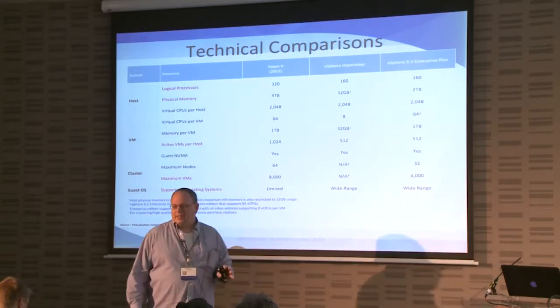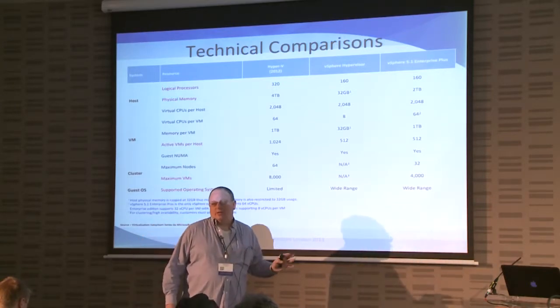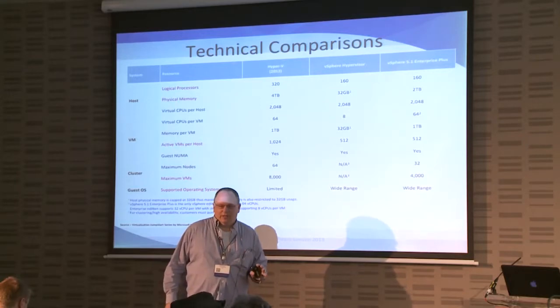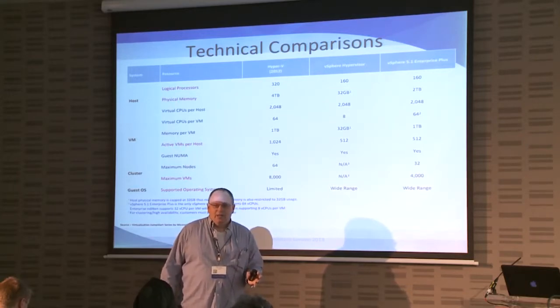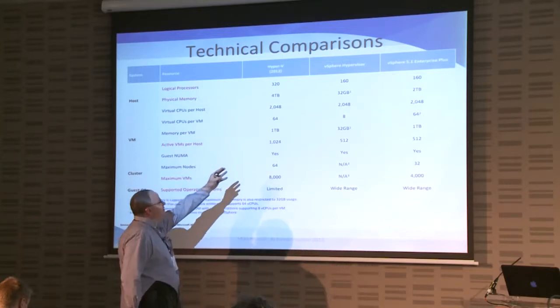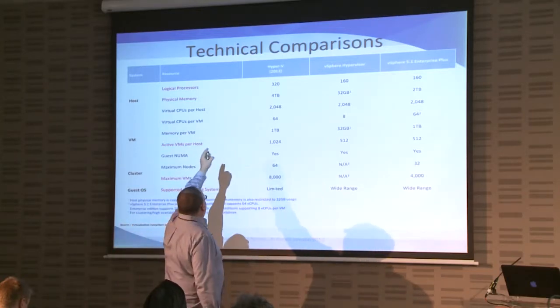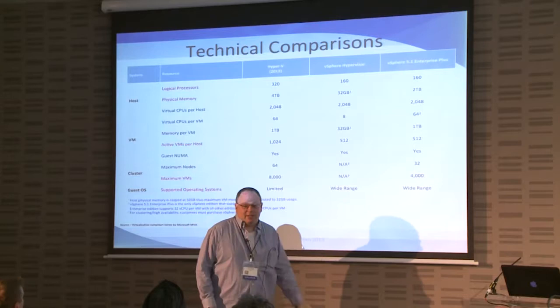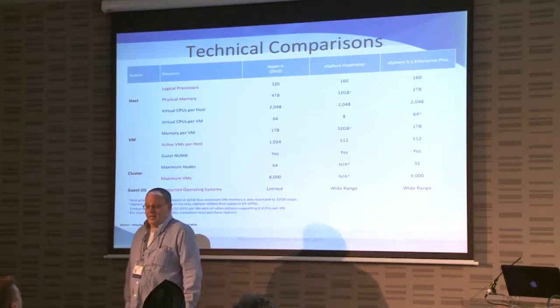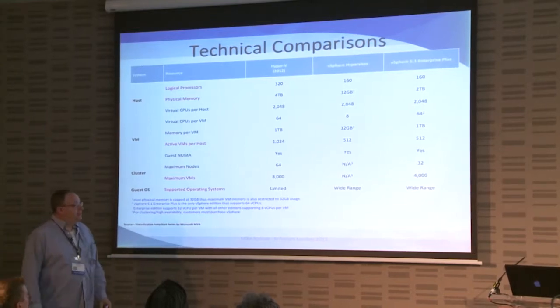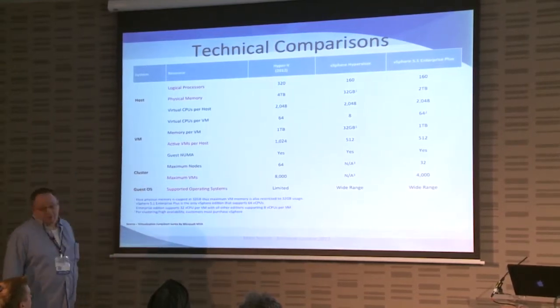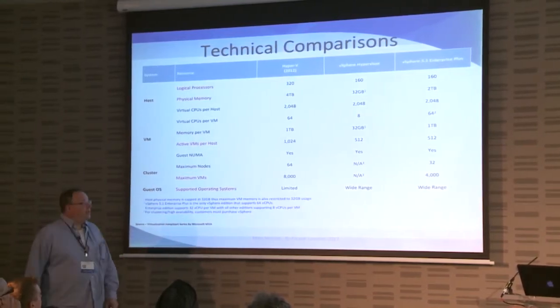And what they did was they just blew the doors off VMware on capacity when they came out with 3.0. I mean, look at the difference in that. Logical processors, 320 logical processors that you can have. You can have 4 terabytes of physical memory. vSphere Enterprise, 2 terabytes. Okay?